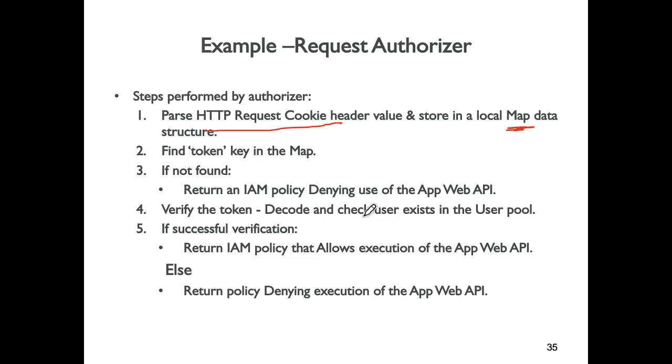I'm using a third-party library to do that for me. Now, that third-party library will either return a success or failure. If it's a successful verification, then my authorizer returns an IAM policy that allows the user's request to be forwarded on. Otherwise, it returns a policy that denies it.